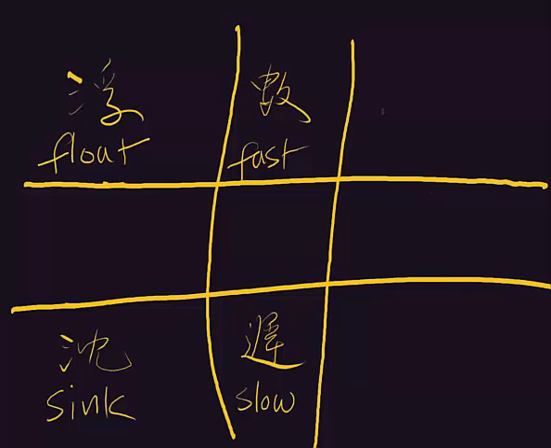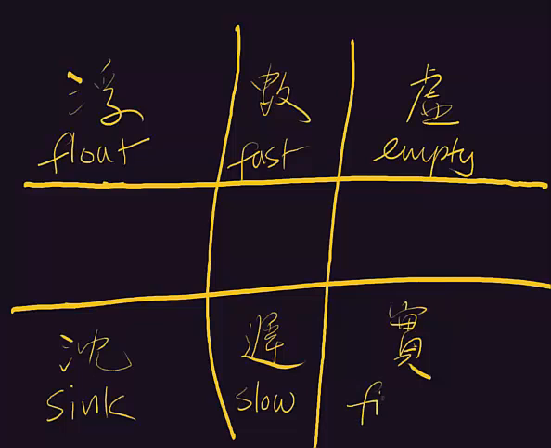And then on the furthest corner, you have the empty pulse, which is Hui, empty. And then the opposite of it is Sat, which is firm pulse.